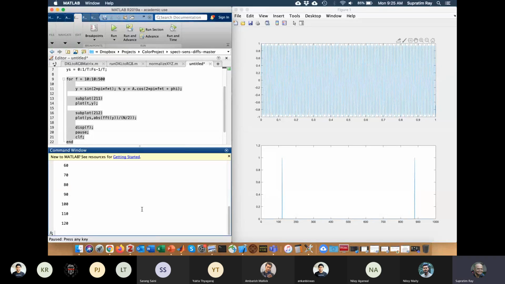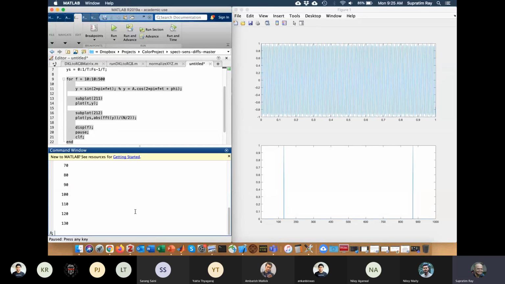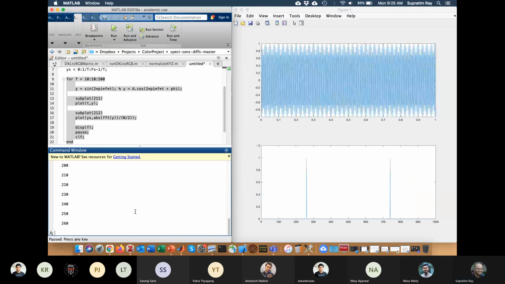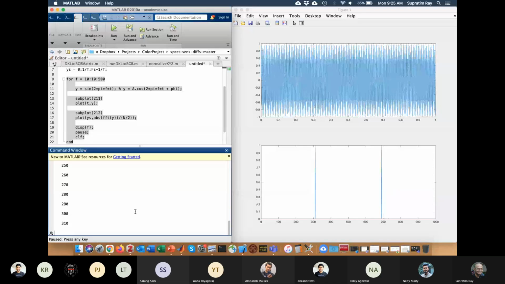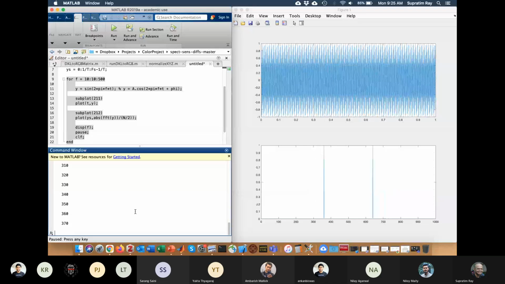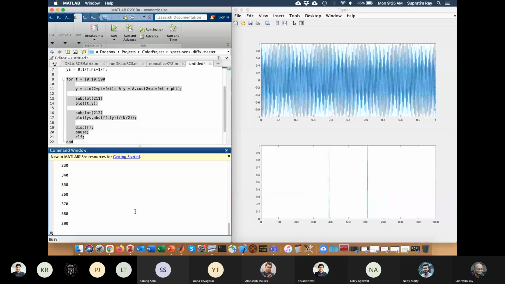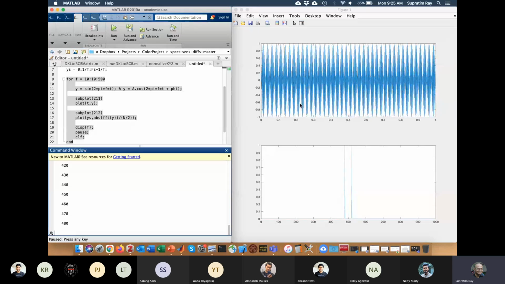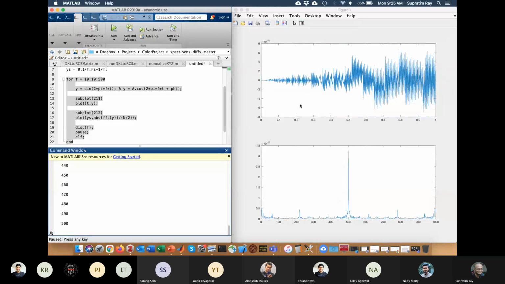Even though the waveform here starts to look weirder and weirder, it's always at 1. And this is really the power of Fourier analysis. When you hit 500, all hell breaks loose.